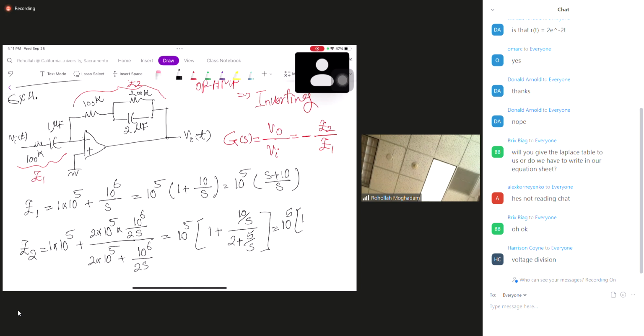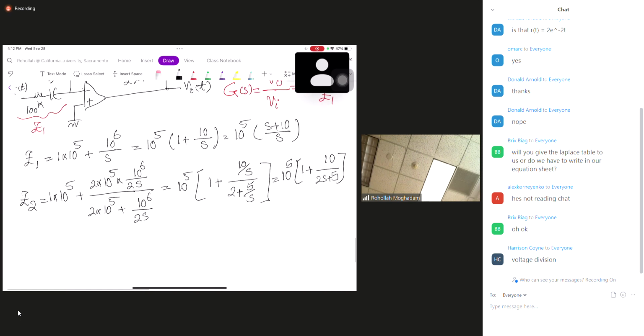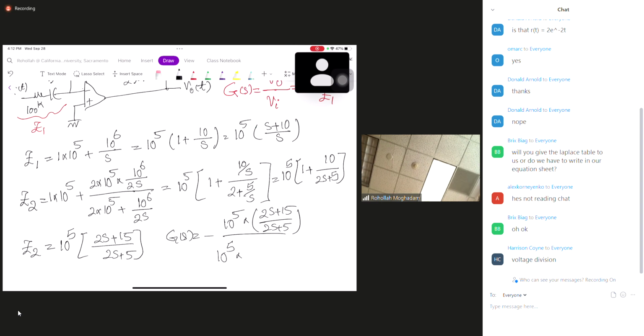So we'll have 1 plus this 10, which is 2s plus 5, and then Z2 eventually becomes 10 to the 5 times 2s plus 5 over 2s plus 15. Then G of s becomes negative 10 to the 5 times 2s plus 15 over 2s plus 5 over 10 to the 5 times s plus 10 over s.